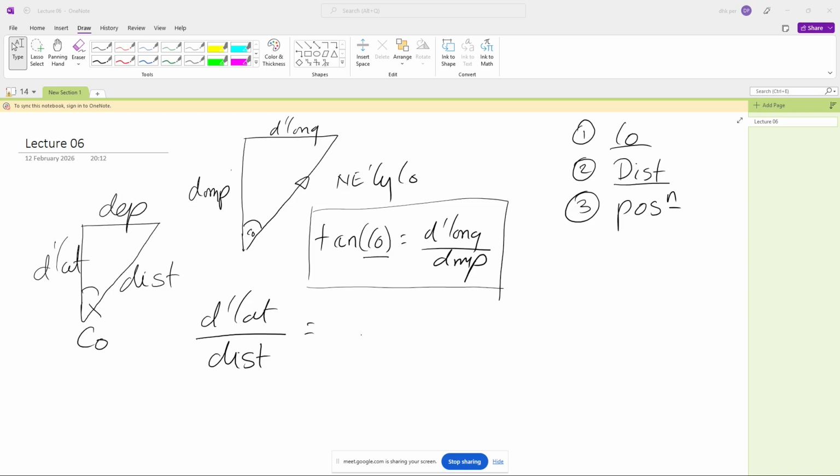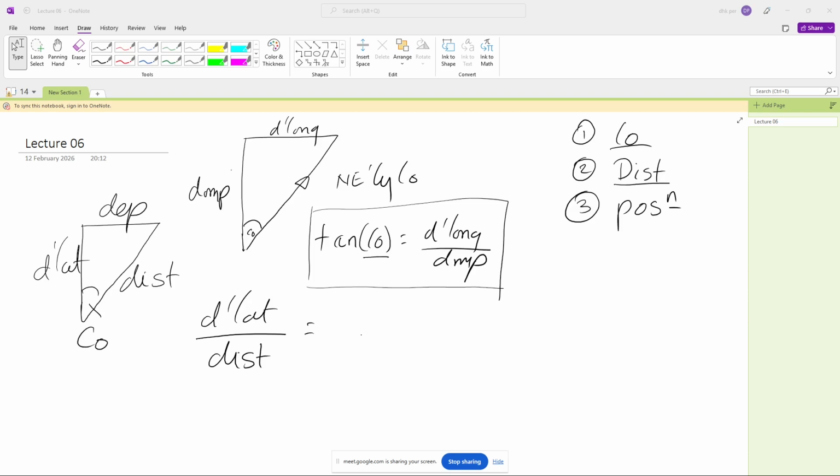Okay, now there are other types of sailing which we are not discussing much. There are different types of chart projections as well, but in these sessions we are basically focusing on Mercator sailing and Mercator projection.